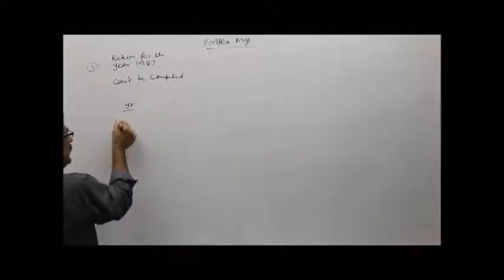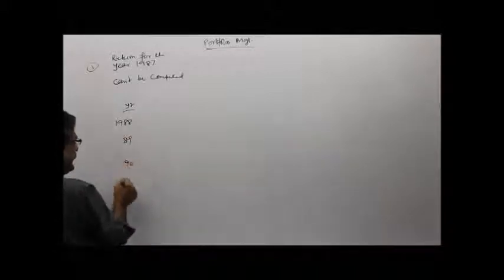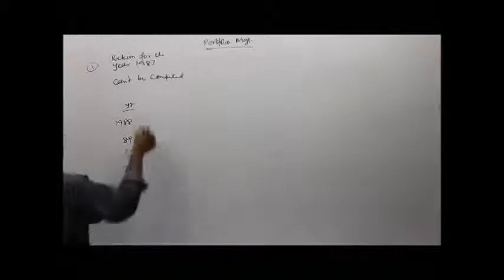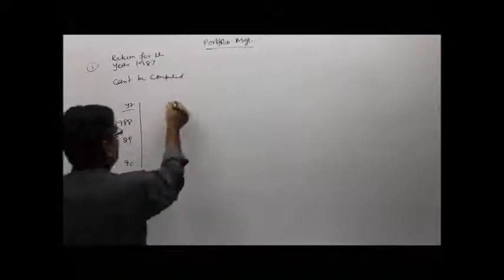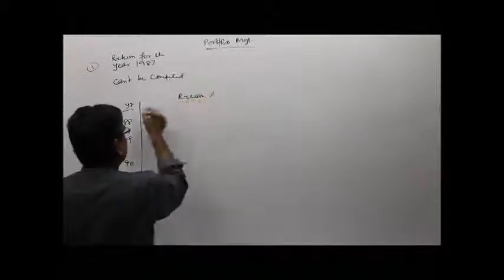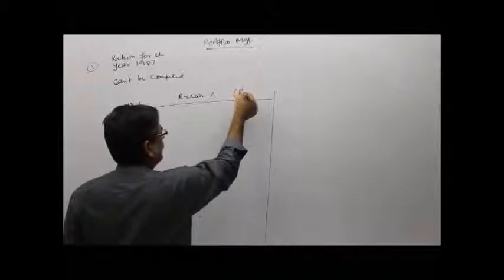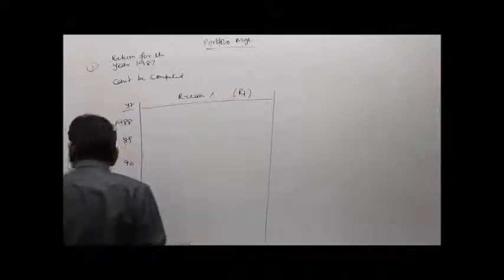Make it kind of table. Year 1988, 89, 90, 91 and 92. Then we compute return percentage for the concerned year. We call it RT or RI in percentage.